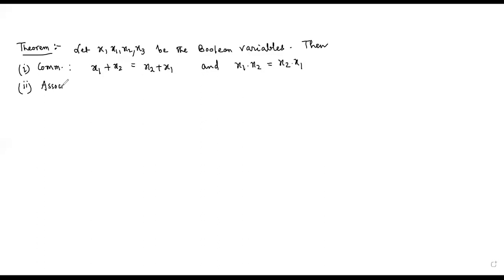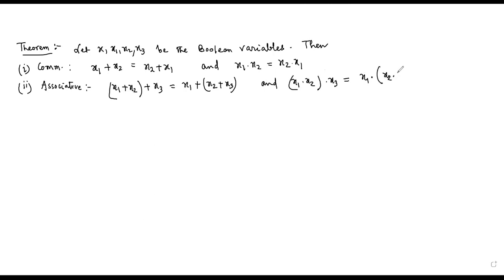Now in this theorem, we are going to introduce the associative property also, for which I write x1 plus x2 plus x3 similar to x1 plus x2 plus x3, and with respect to multiplication that needs to hold also, so we write x1 into x2 dot x3.